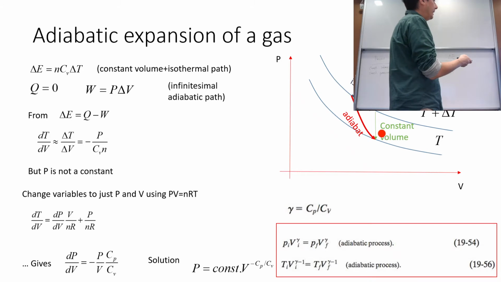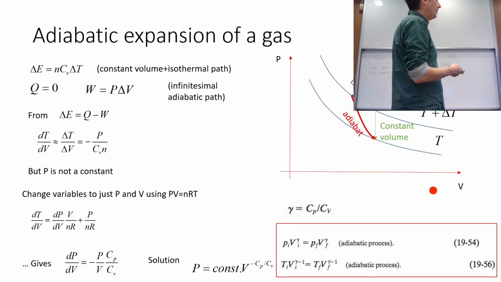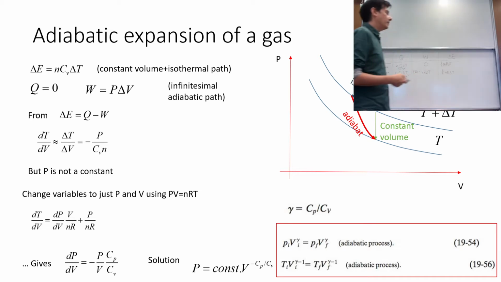An adiabatic relation follows this steeper curve where PV to the power of Cp over Cv is a constant along the curve. You choose any point on this curve and it follows this relation. For a monoatomic gas this would be 5/2 over 3/2, so 5/3.